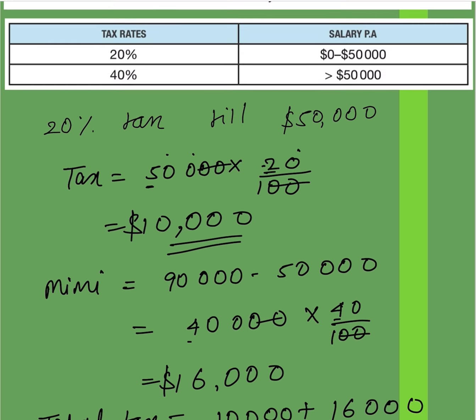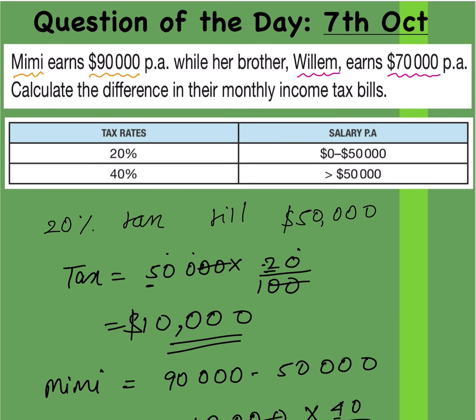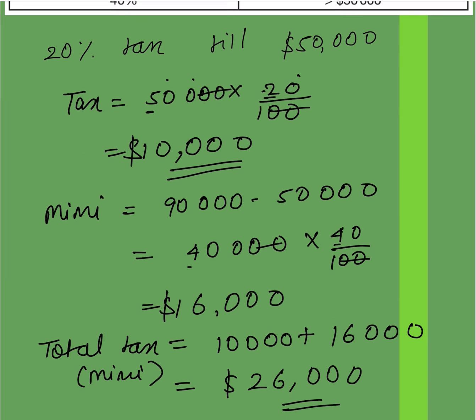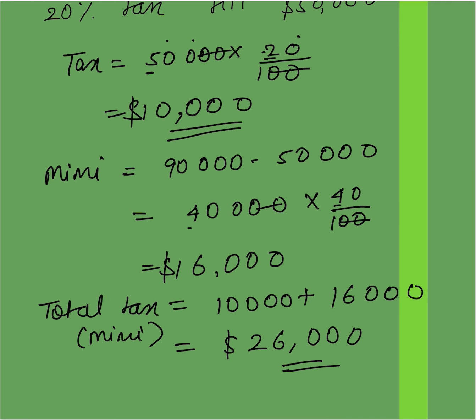We will calculate the per month because we have to find the difference in the monthly income tax bill. So if you want to calculate monthly tax for Mimi, what do we do? Divide by 12, right?